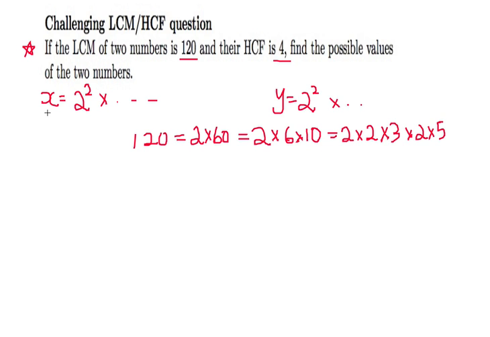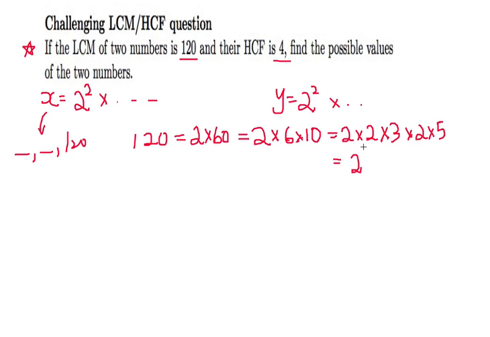Because x has a multiple of 120, and y obviously also has a common multiple 120. So we break it down to see what the components, the factors, of x and y are.